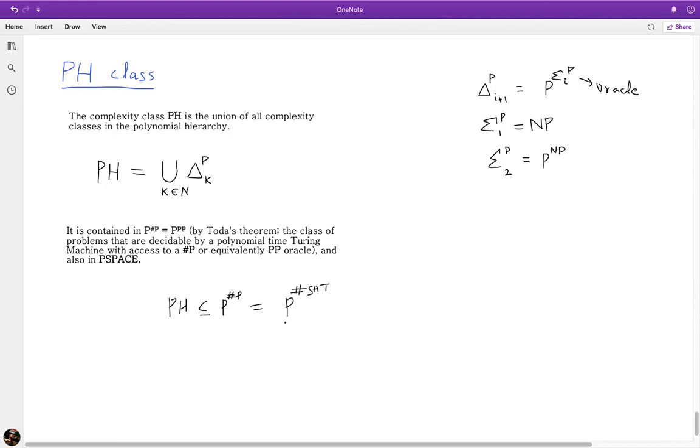This is called Toda's theorem, and this states that PH is contained in this set of problems. And as we know, this PH also lies under PSPACE.